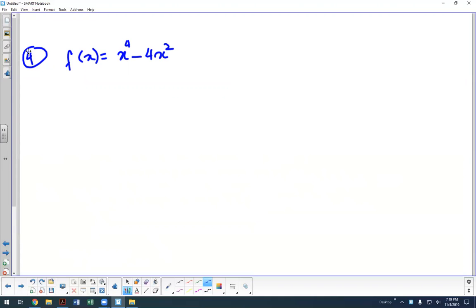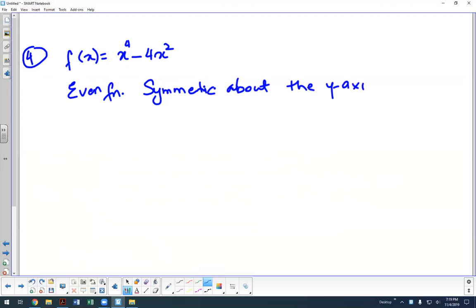So I've got x to the 4th and I've got x squared. Since both my exponents are even numbers, this is an even function, and even functions are symmetric about the y-axis.